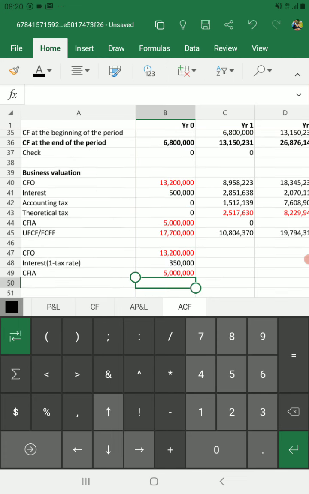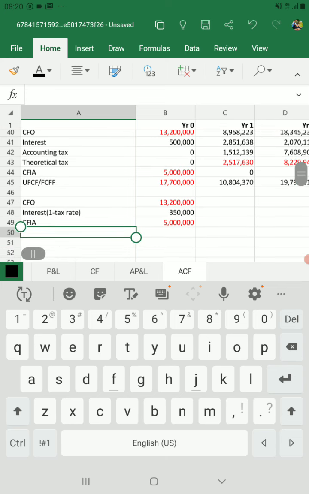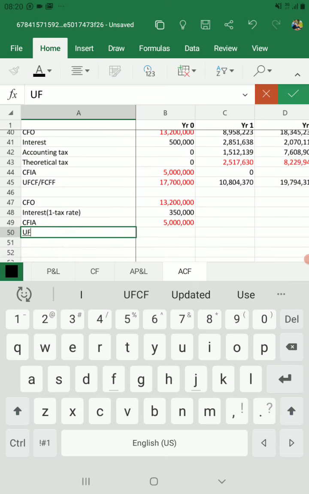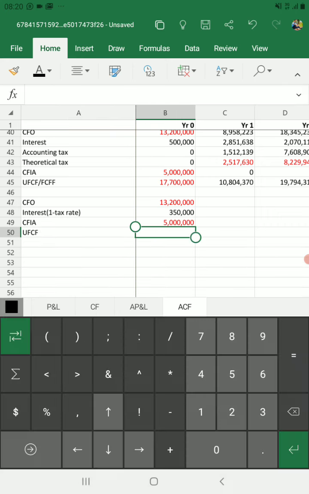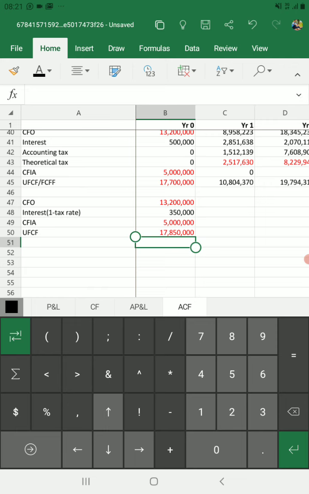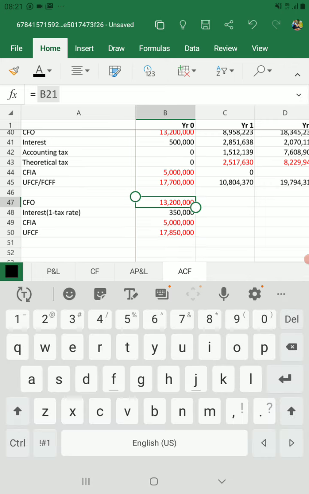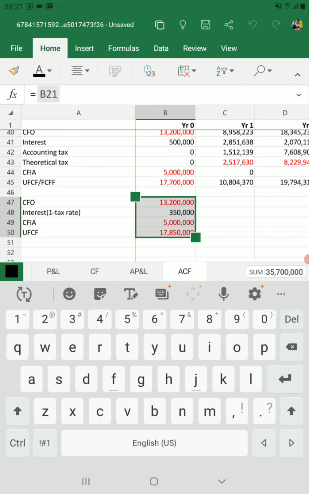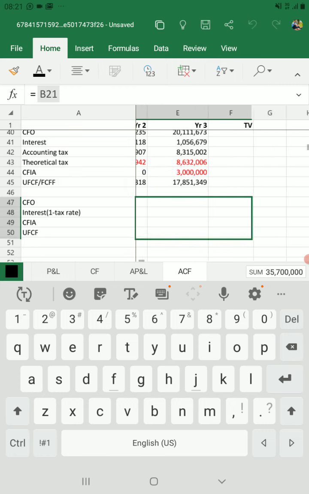So after that, then we need to get our unlevered free cash flow, UFCF. It's just a matter of summing. Press enter, and then I can select these and fill them to the rest of our projection horizon for 3 years.